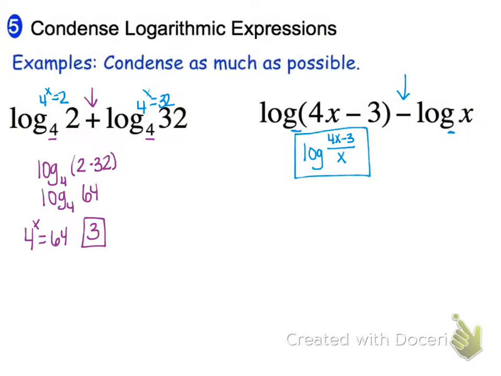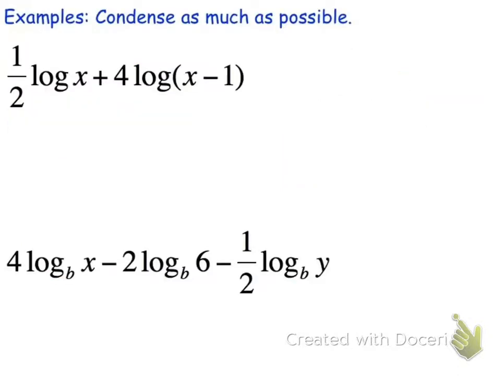Let's look at some more examples. Now, in this example, in front of our log, our first log, we have a number being multiplied. Notice in both of these we have that. So the first step here would be to do the power rule backwards. So we're going to swing those up as exponents.